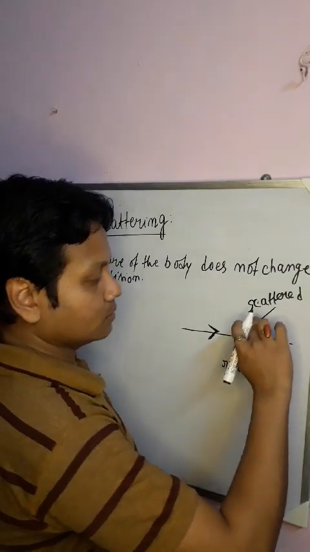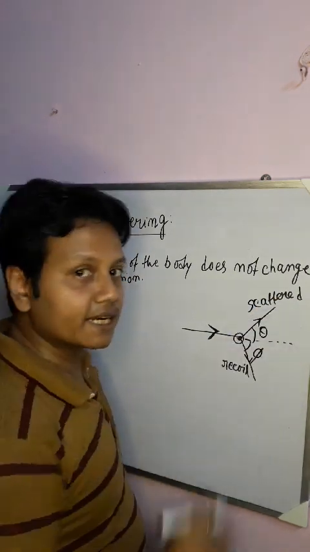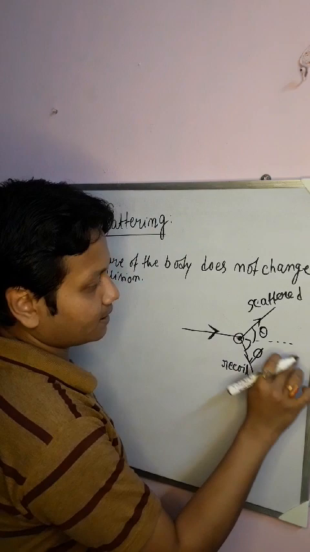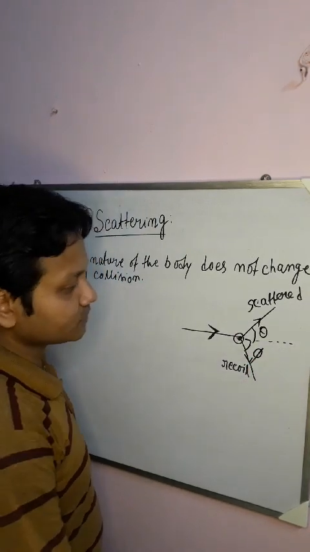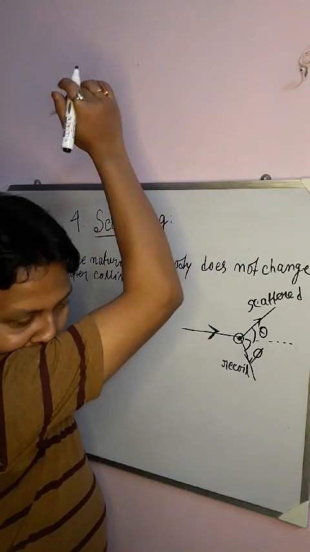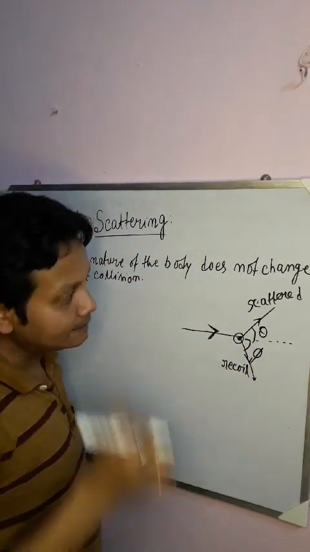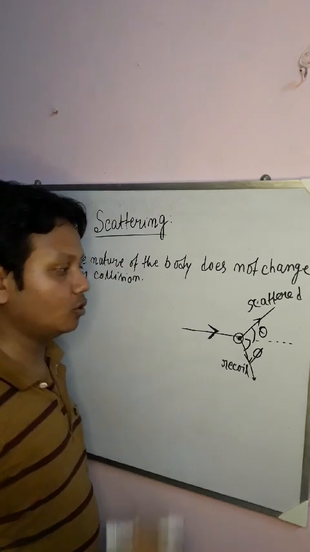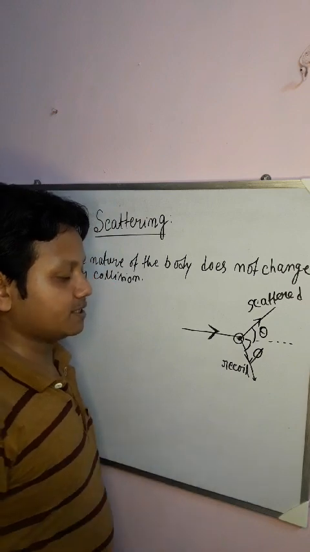The angle that the scattered particle makes with the original line is called the scattering angle, and the angle that the original line makes with the recoiled particle is called the recoil angle, which you all know. We will discuss it more descriptively later.